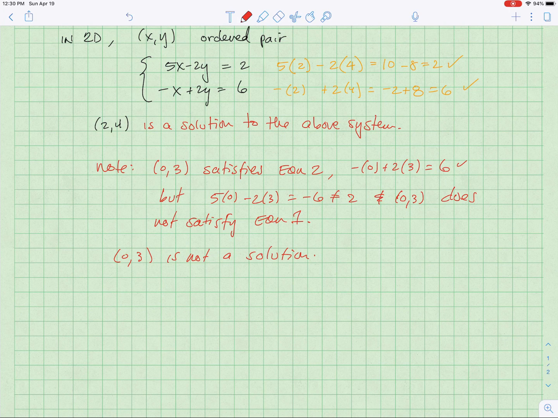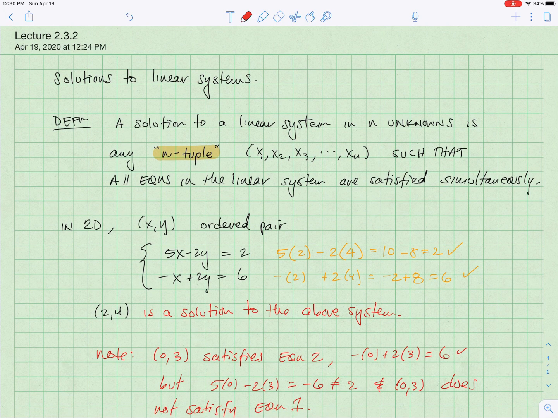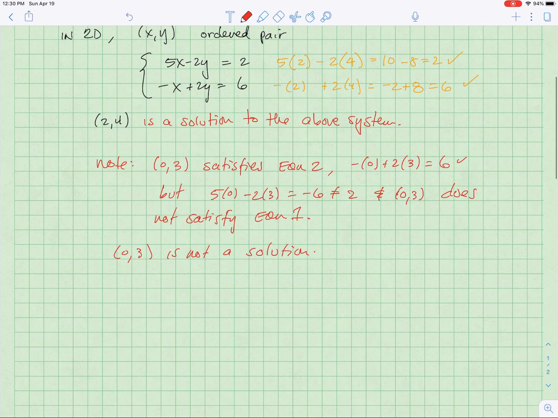The other thing I want to talk about is how many solutions are possible. Up here I said a solution to a linear system in n unknowns is any n-tuple. So what is an n-tuple? Let's go back to that.